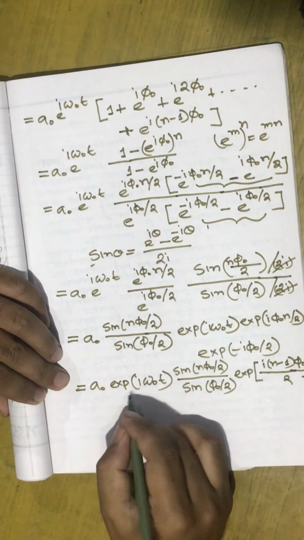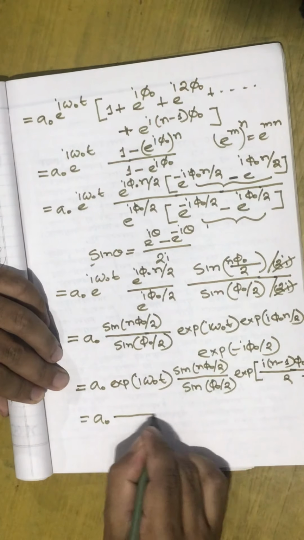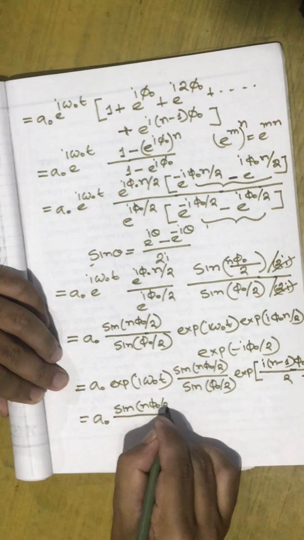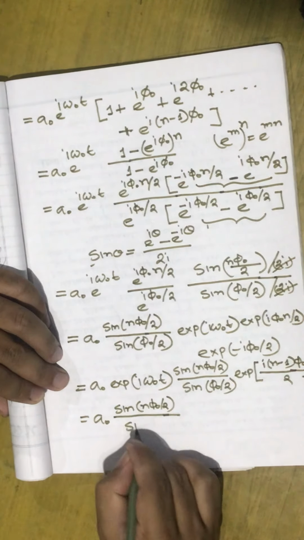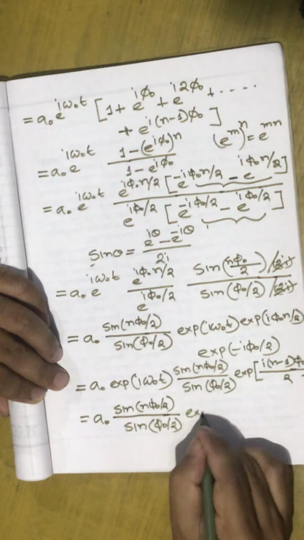Okay, now I can add this part too. So we can write a naught, sine n phi naught divided by 2 over sine phi naught over 2, into exponential.